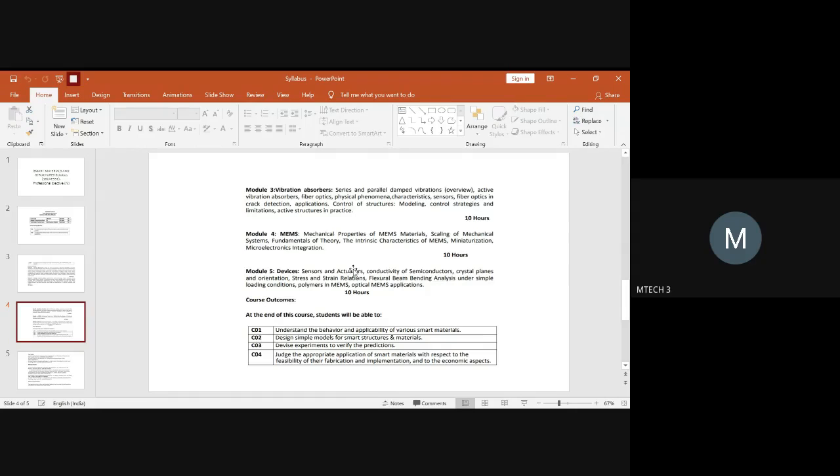Right from material selection to packaging plays a vital role. We have plenty of sensors and plenty of actuators. We have studied all the classifications of sensors and actuators from the device point of view. So you can select any one device for sensor and any one device for actuator, and go in depth right from selection of the material to development of the device.